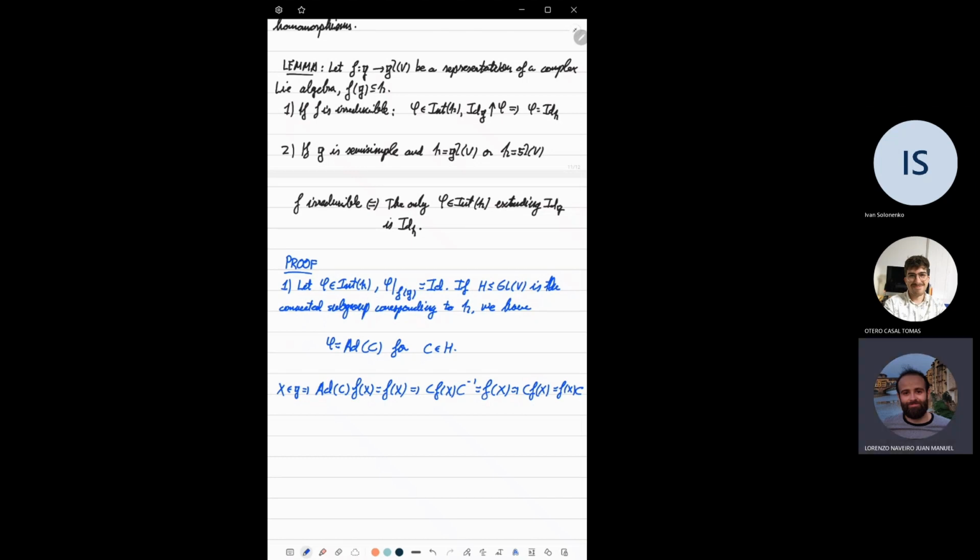So essentially what this means is that C is equivariant with respect to the action of G on the vector space V. So now we can apply Schur's lemma to conclude that C is a scalar multiple of the identity.